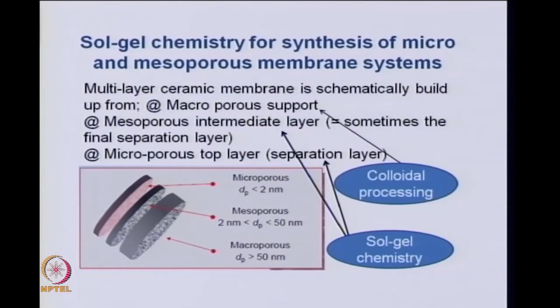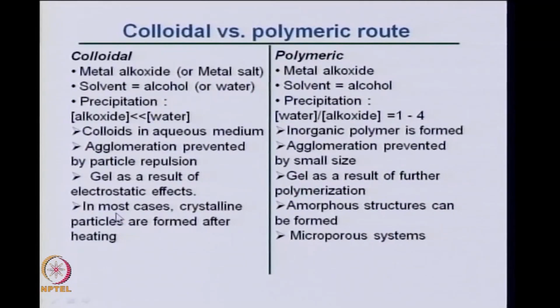Now, this kind of sol gel chemistry is used in making membranes, and one example as you can see here is a multi-layer ceramic membrane which is made up of a macroporous support. So, what you see is 3 layers 1, 2, 3, in which you have a macroporous layer, a mesoporous layer and a microporous layer.